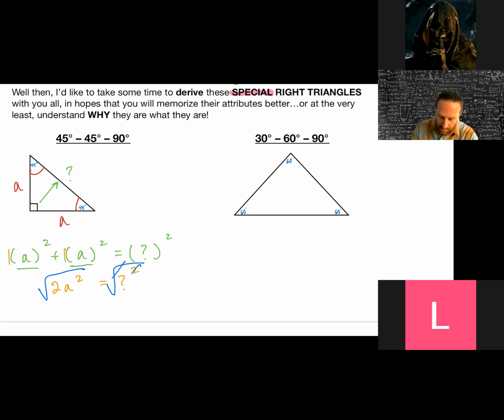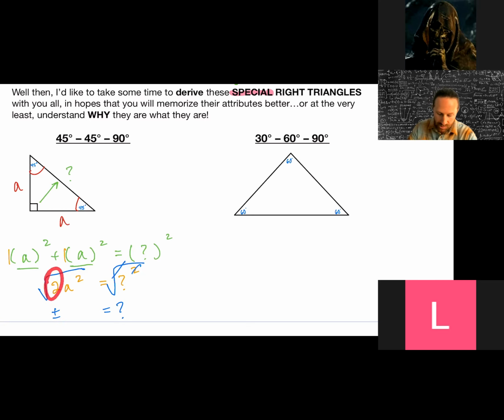Now remember, when you take the square root of something, you need to give me both the positive and the negative case. Because what this is looking for is what squared gives me that. And that's why we're trying to undo it by taking the square root. And when you square something, whether it's positive or negative, it will come out to that positive value. So that's why whenever you take the square root, you need to include the plus or the minus.